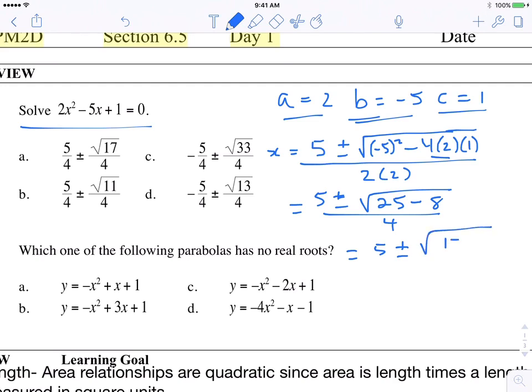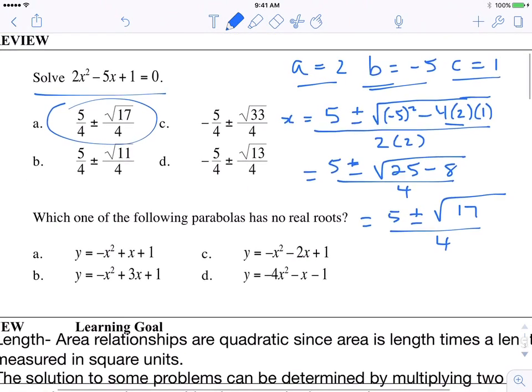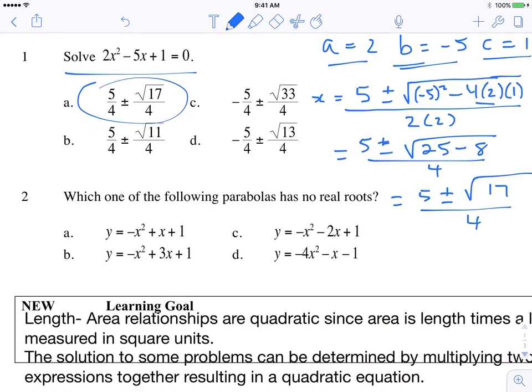That would be the square root of 17, all over 4. So we can look at what we're left with here. We have 5 divided by 4, plus or minus the square root of 17 over 4. That's our answer.